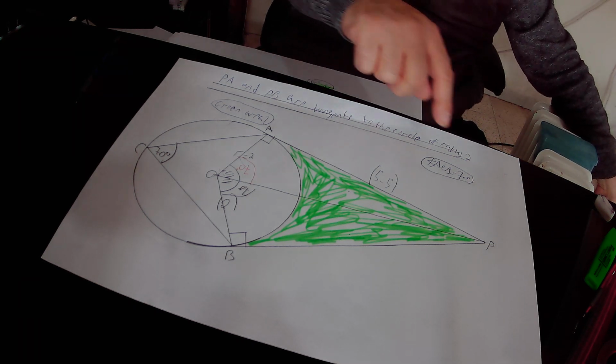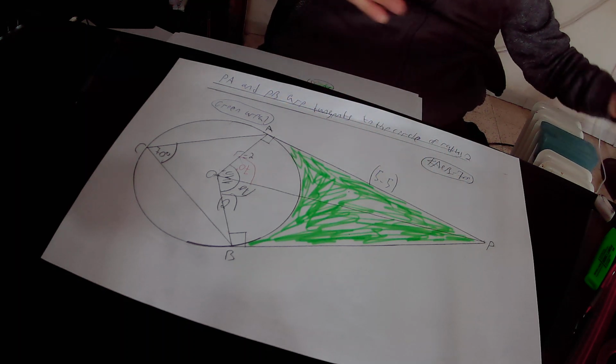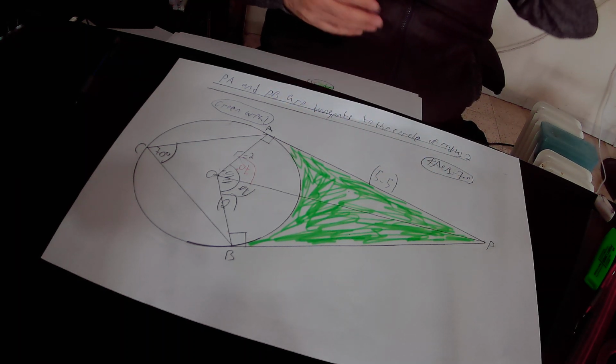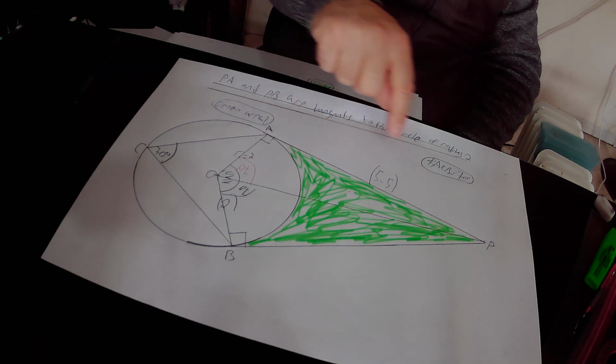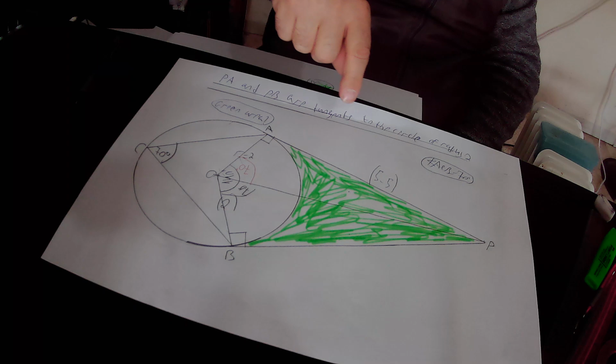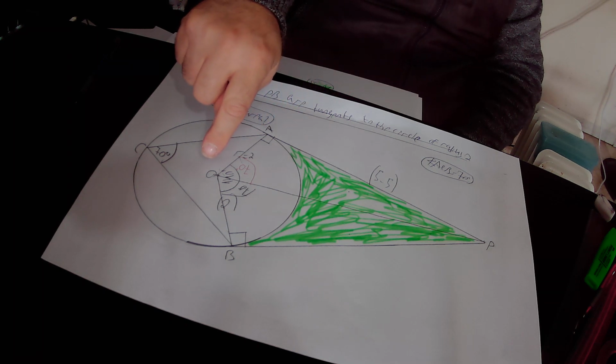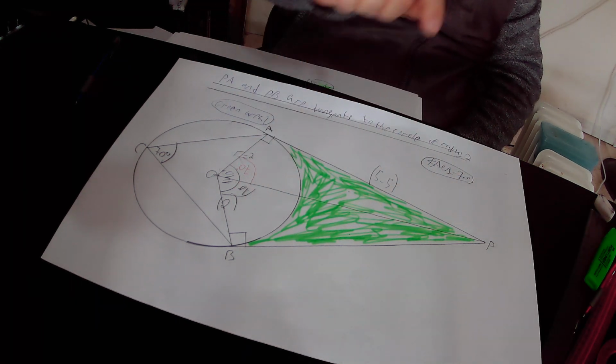Our mission is to find the area of this green shape. What is the area of the green shape? From the diagram, it is very easy to see that the area of this green shape equals the area of the right triangle AOP plus the area of the right triangle BOP.